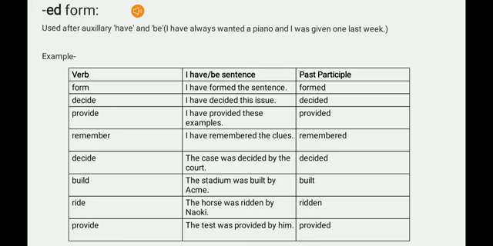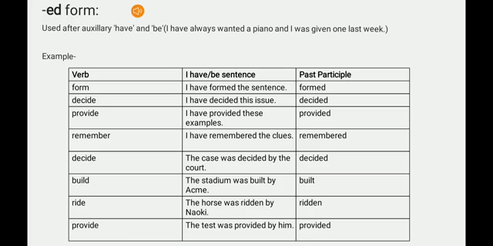Fine. Now, as I told you, have is not the only auxiliary. We also have be as the auxiliary. So now we have the be examples. I hope you all know that be is the present form and the past form of be is was. So in this we are using the past form obviously because we are talking about the past tense here.